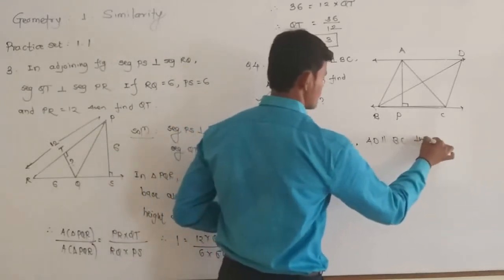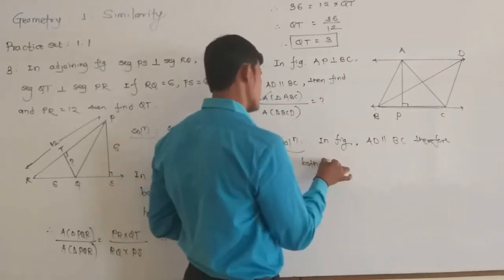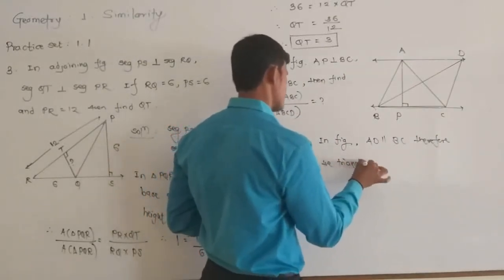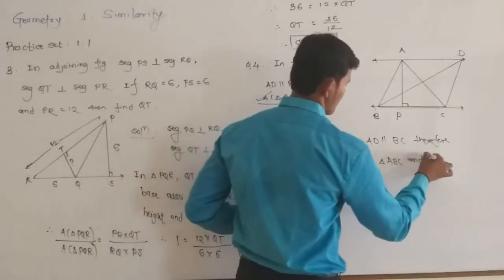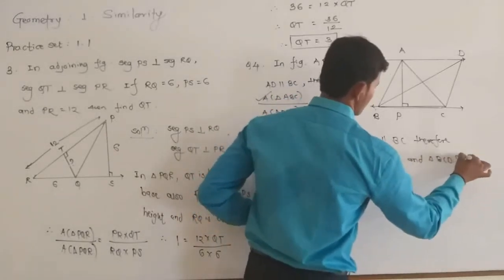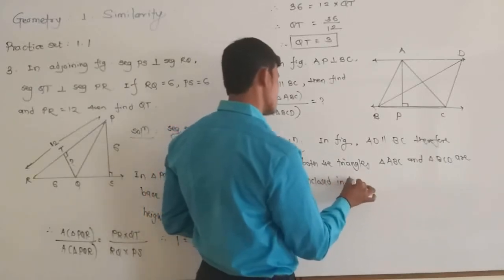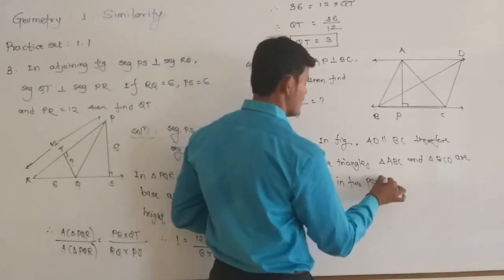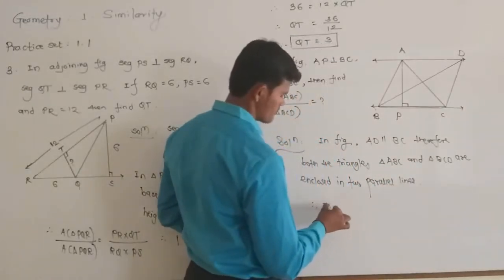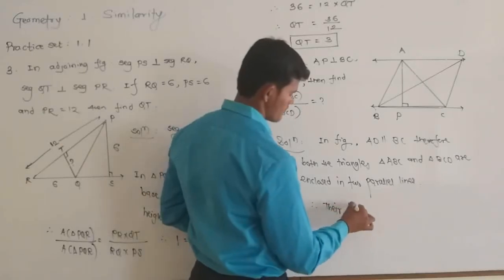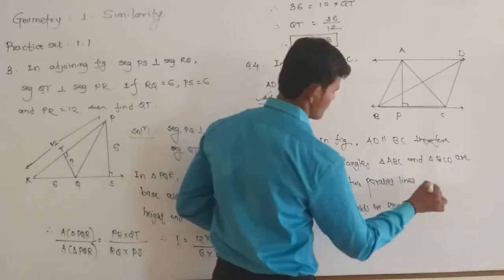Therefore, both the triangles, triangle ABC and triangle BCD, are enclosed in two parallel lines. Therefore, their heights are equal.